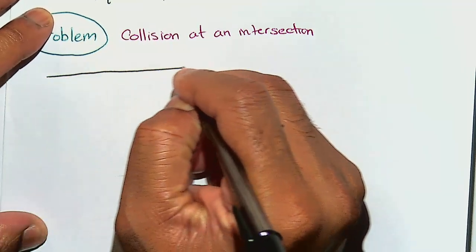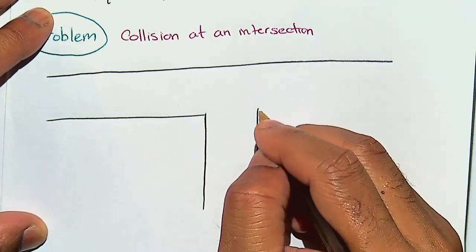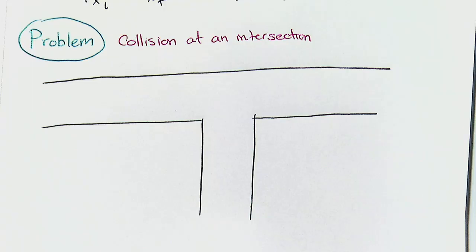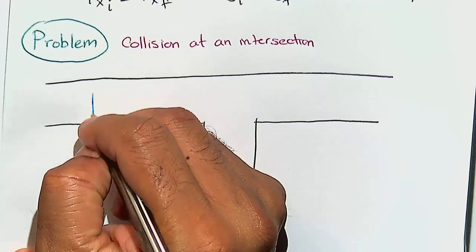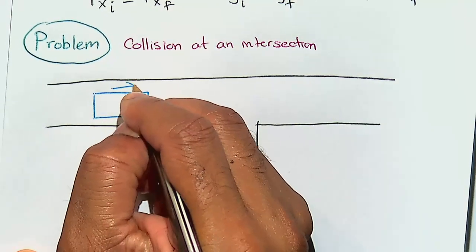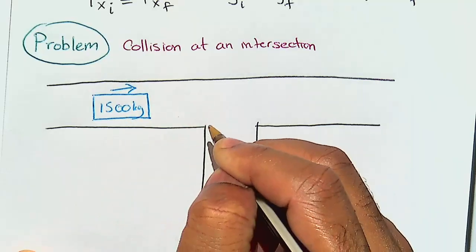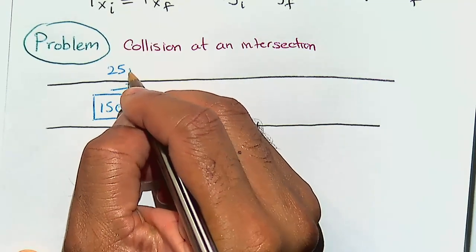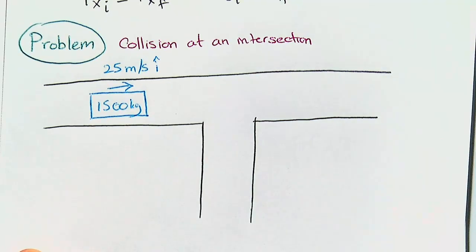We draw a road like this. Probably seen a road like this, right? So something that looks like a T, right? And it could be a car traveling here to the right. It's 1,500 kilograms, 25 meters per second in the i hat direction is its velocity.